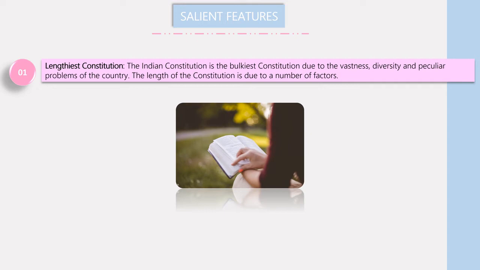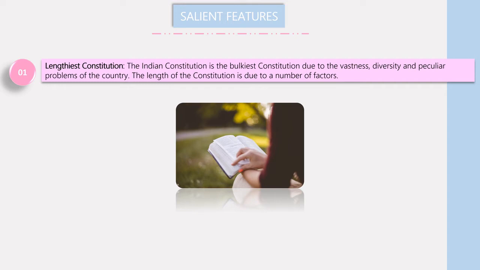Eighth, the Constitution has special provisions to meet regional problems and demands in certain states like Nagaland, Assam, Manipur, Sikkim, Mizoram, Andhra Pradesh, Gujarat and Karnataka, Maharashtra, etc. in Articles 371 to 371J.